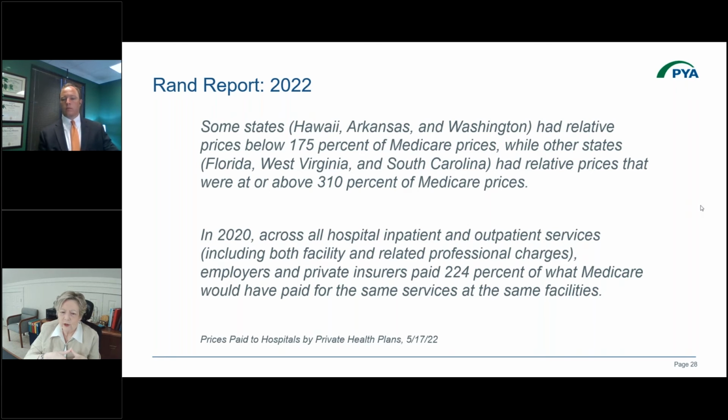In 2020, across all hospital inpatient and outpatient services, including both facility-related and professional charges, employers and private insurers paid 224% of what Medicare would have paid for the same services at the same facilities.